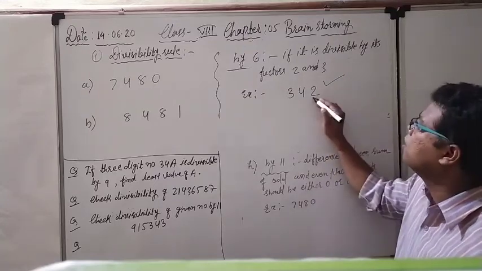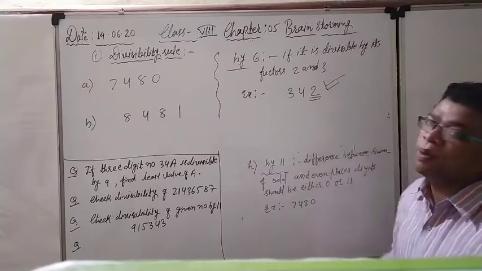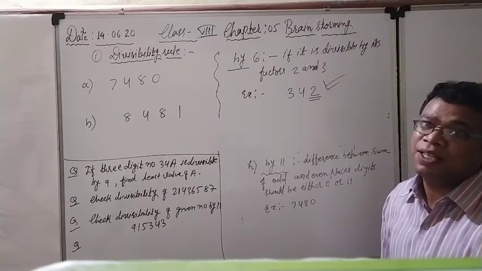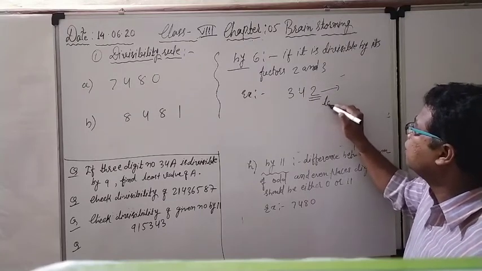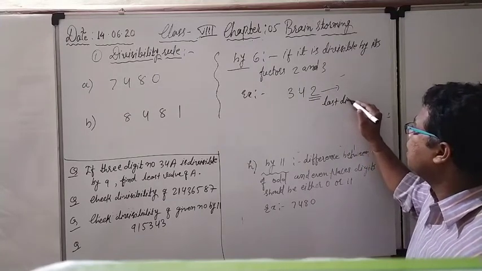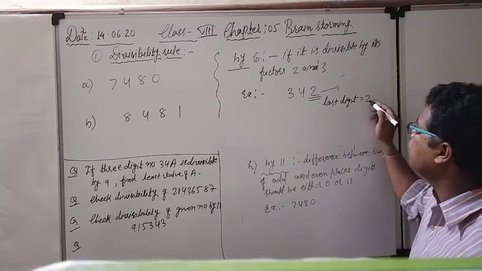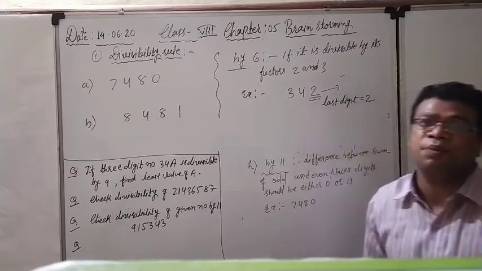So what do we have to see? First we have to see whether it is divisible by 2 or not. Yes, it is divisible by 2 because the last digit is even. You can see the last digit is 2, and because it is an even number, it is definitely divisible by 2.